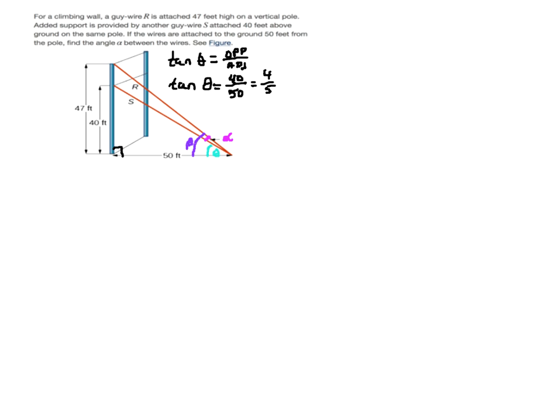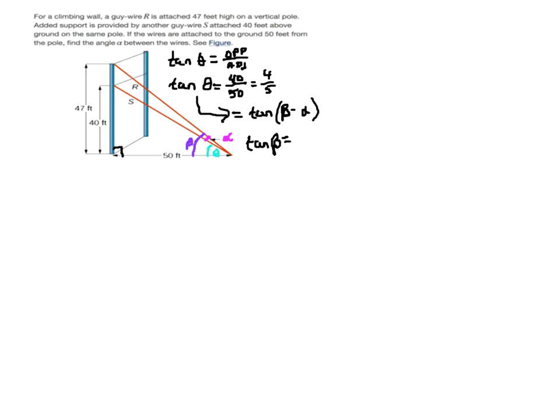And that theta, don't forget, the tangent of theta is also equal to the tangent of beta minus alpha. Remember, we established that at the beginning. Let's go ahead and do the tangent of beta.